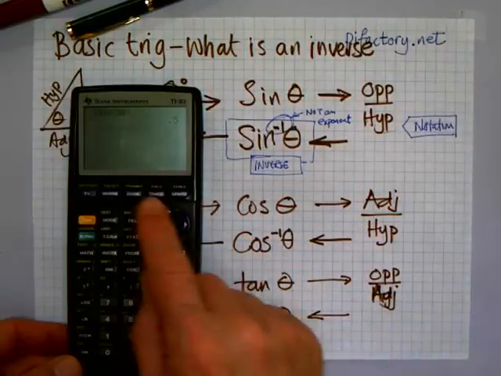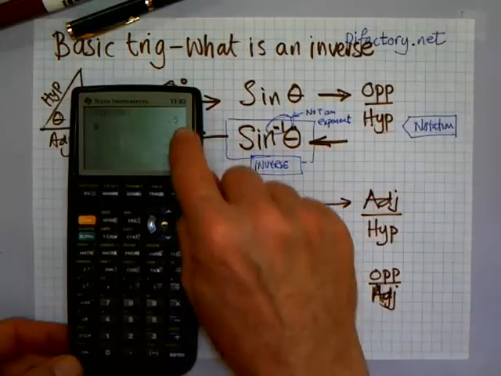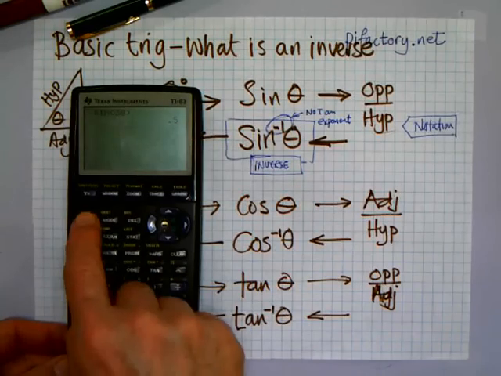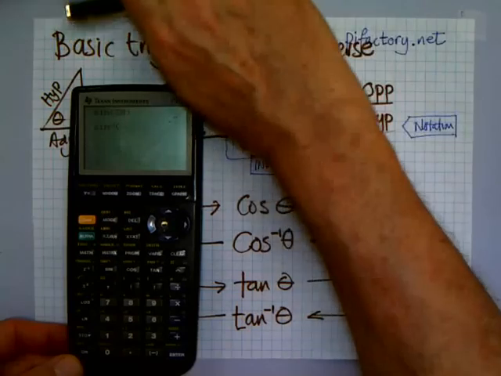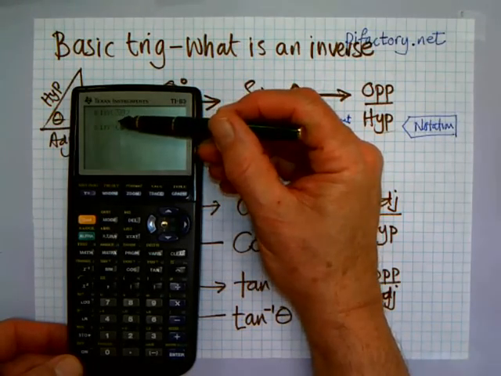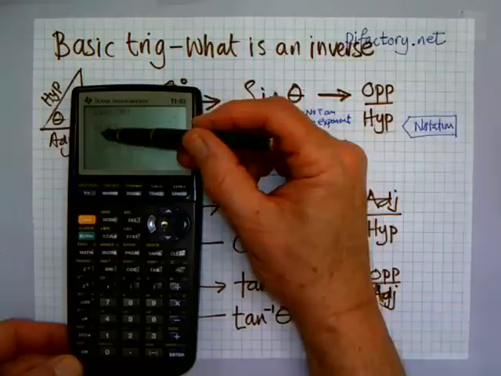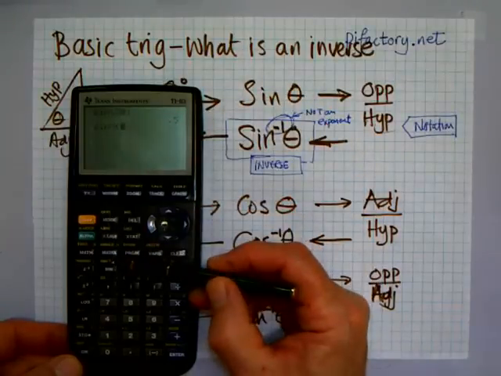Well, if we now say, we don't know theta, but we do know the 0.5, we hit second sine, we'll see the little negative ones appeared there. That is inverse sine. And we've done it through the second button.